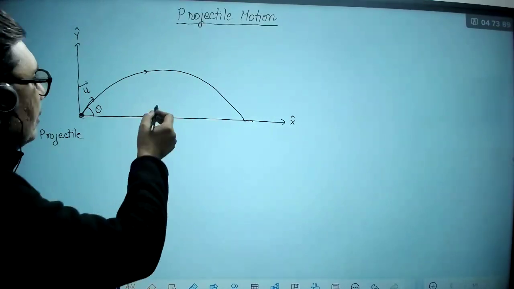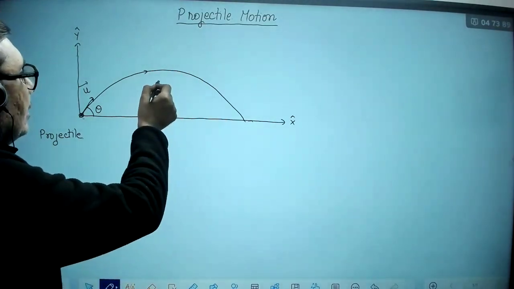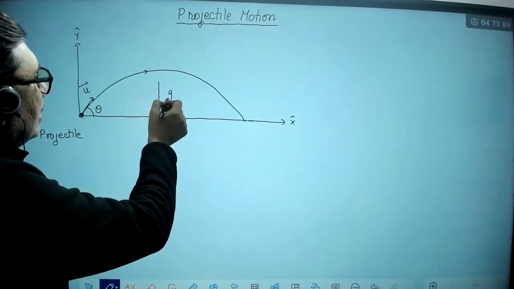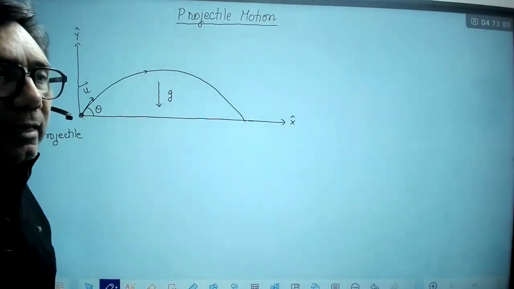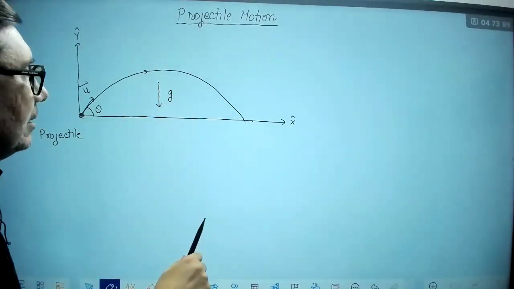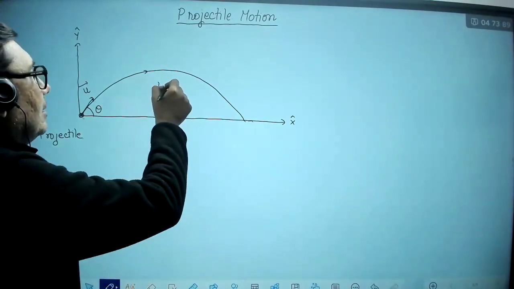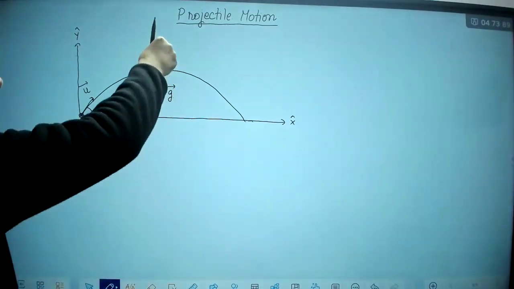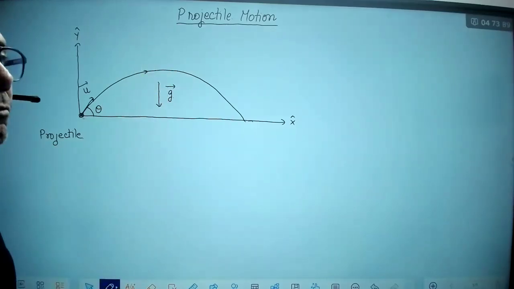So what is important in the case of projectile motion is that only one type of force is there, that is gravitational force. A gravitational acceleration in the downward direction is always going to act. Throughout this motion, only one force acts, in the vertically downward direction.